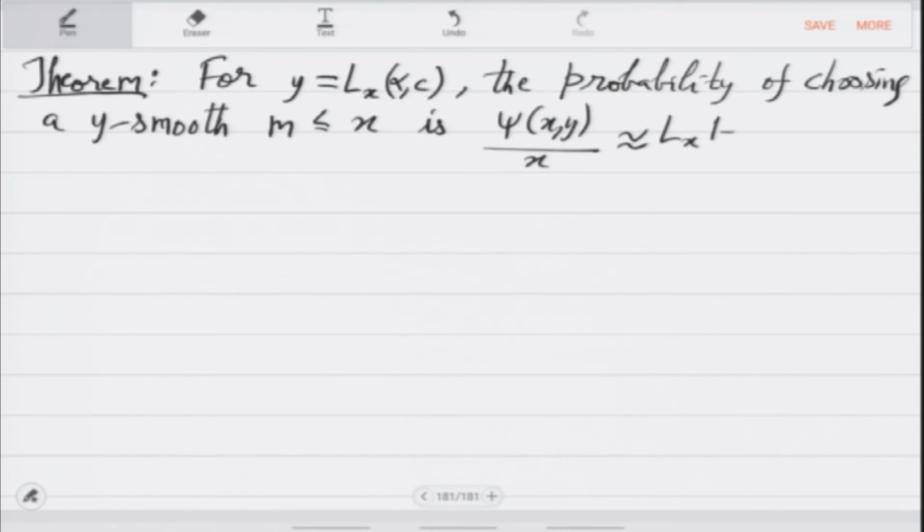So L_x(1 minus alpha, (alpha minus 1)/c). Okay, this is really the probability of y-smooth numbers when you take y as an L function, L of constants. So for L of constants, such smooth numbers are actually decent. It's again L of constant. So that's the reason why the L function appears.